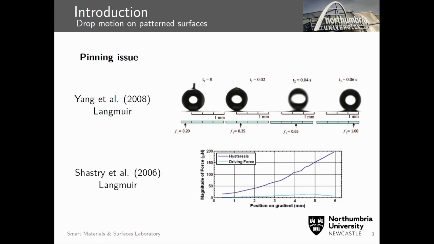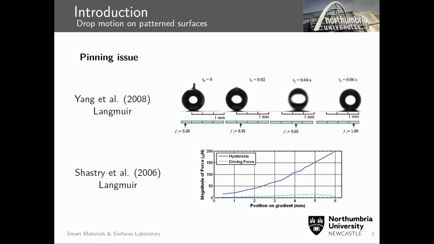So you can see in this experiment, they use a gradient of pillar density going from 0.2 to 1, and they are only able to move the drops 1 millimeter, which is not a very long distance if you want to perform some kind of chemical reaction or merge this drop with another one.